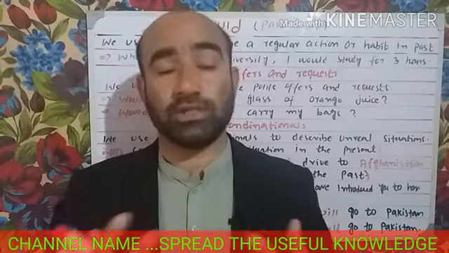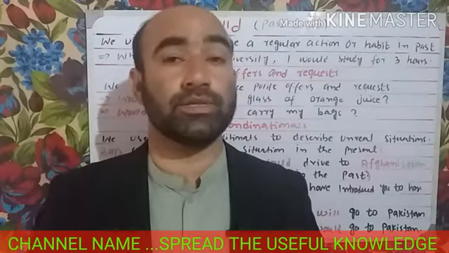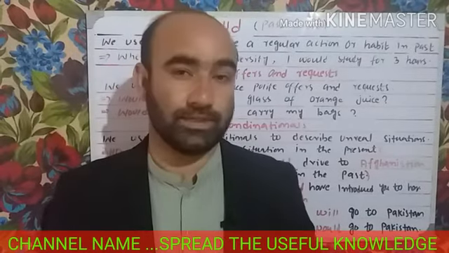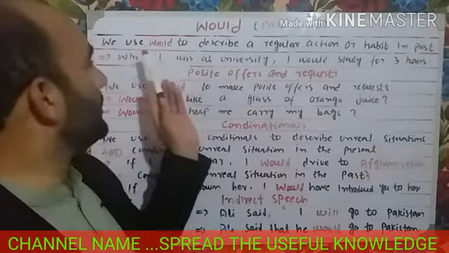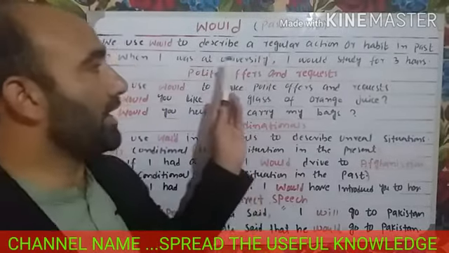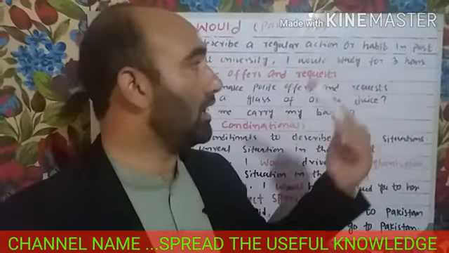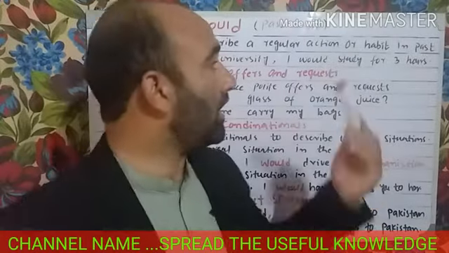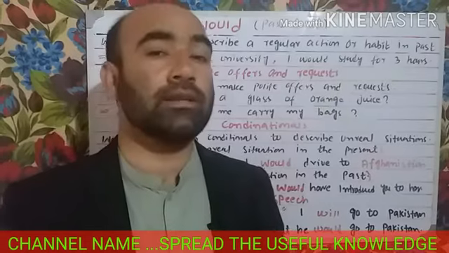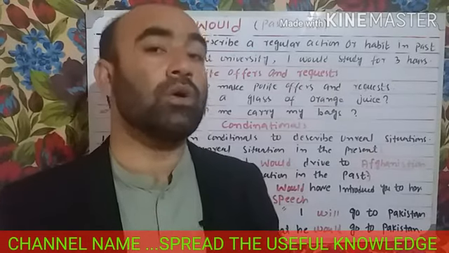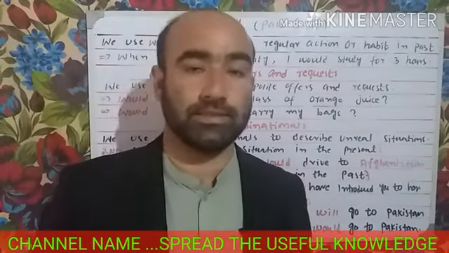But there are also some other ways of using the modal verb would. Let's talk about that. We use would to describe a regular action or habit in the past, when the action no longer continues to the present.